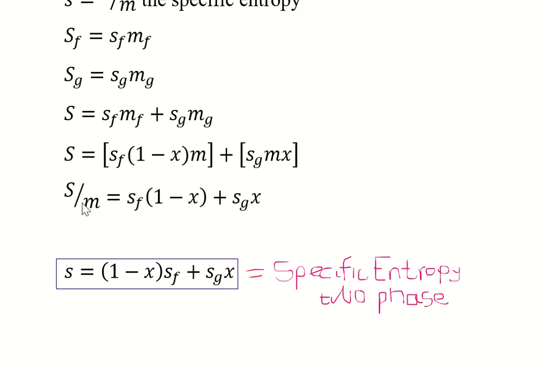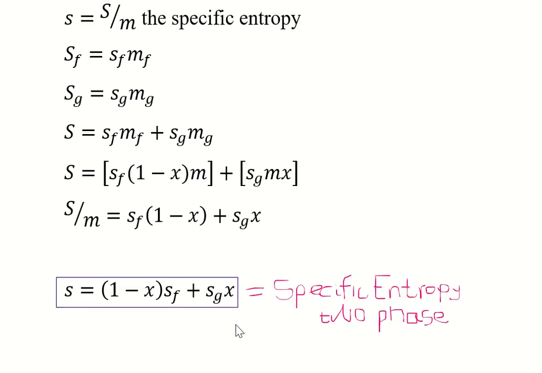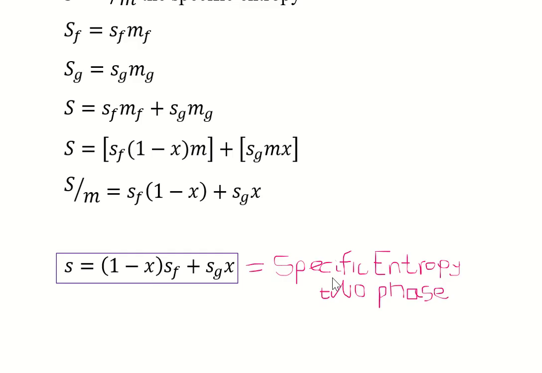And from here, if you substitute, you're going to have the specific entropy, which is given by 1 minus the quality X, multiplied by the specific entropy of the liquid phase, plus the specific entropy of the vapor phase multiplied by the quality X. And this is the specific entropy for a two-phase mixture.